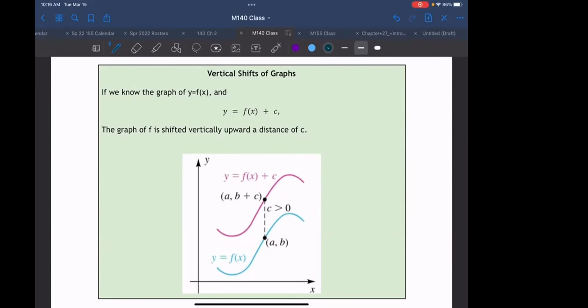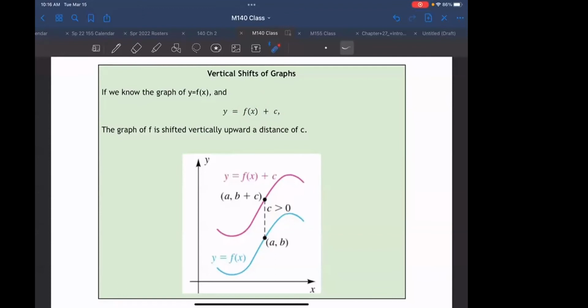Okay. So the first thing we can do is the vertical shift. Let's just try to read this here. We have a graph of f of x. So f of x is our function. We're going to graph this baseline function, but we're going to add on a number.